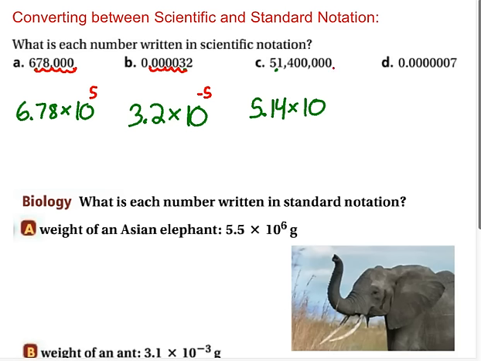So right now my decimal place is hidden right here because it's a whole number. And then 1, 2, 3, 4, 5, 6, 7. It had to move 7 times. And again, because it was a large number, that is a positive exponent. Positive exponents make numbers bigger.